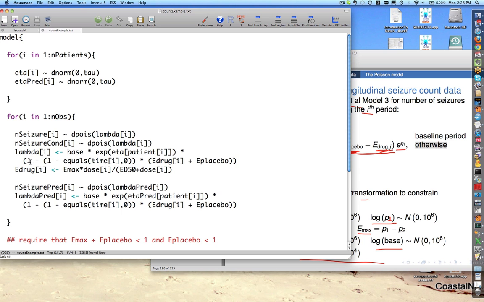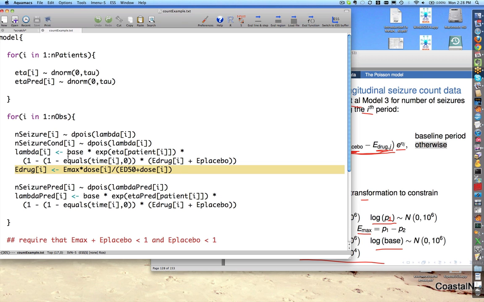So this then just becomes that 1 minus, and I put it all within quantity terms, so it ends up being 1 minus the sum of E drug and E placebo. E placebo again is just a parameter by itself, but E drug here I've got subscripted i because it's going to depend upon the dose in the ith individual, and so that's finally defined in another equation here. So that's just our Emax model then.